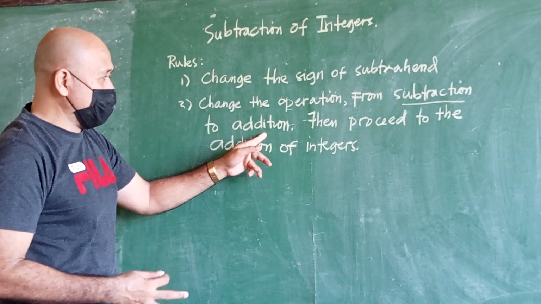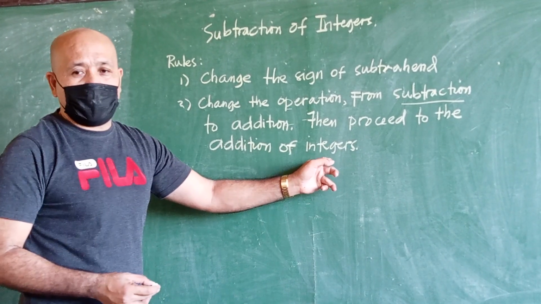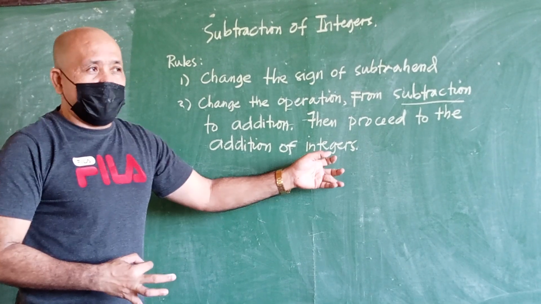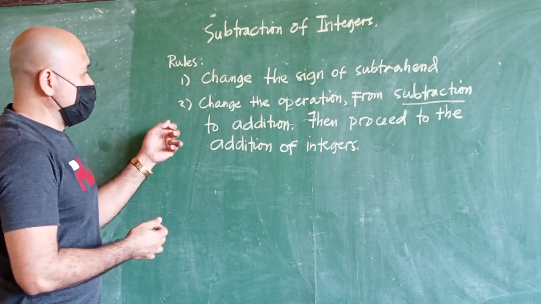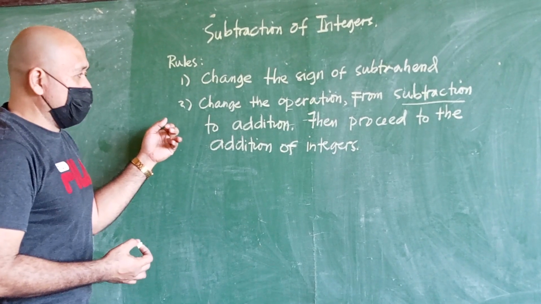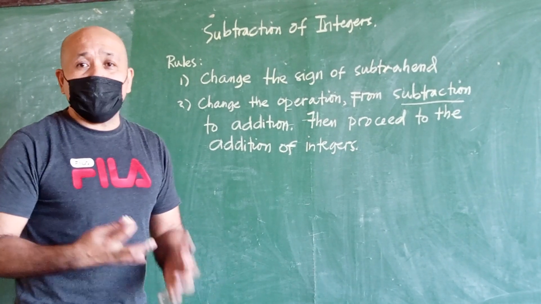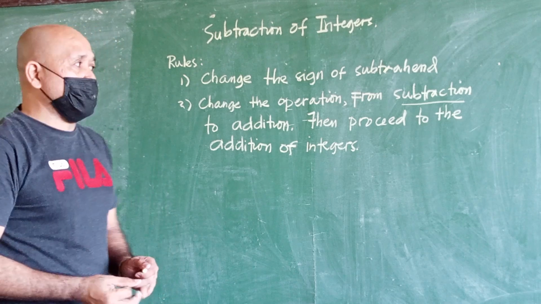Then after that, you proceed to the addition of integers. So that's how you subtract integers. In other words, if you try to figure out these rules, you can say that there is no actual subtraction of integers, because we will use all the rules on how to add integers.